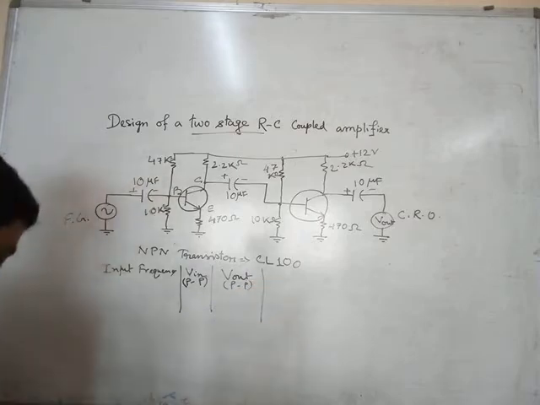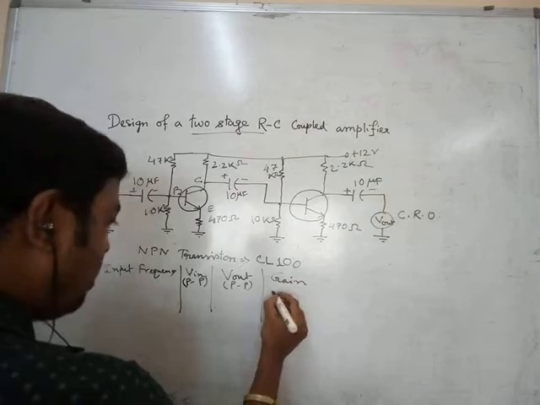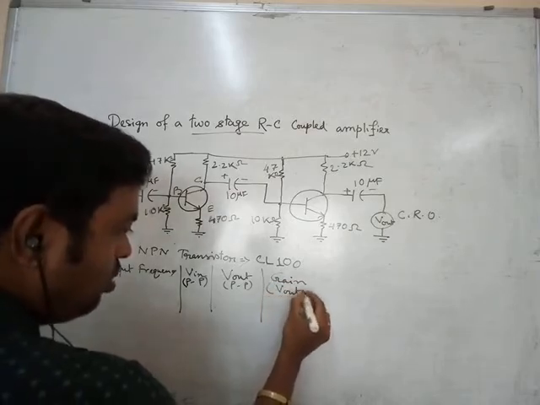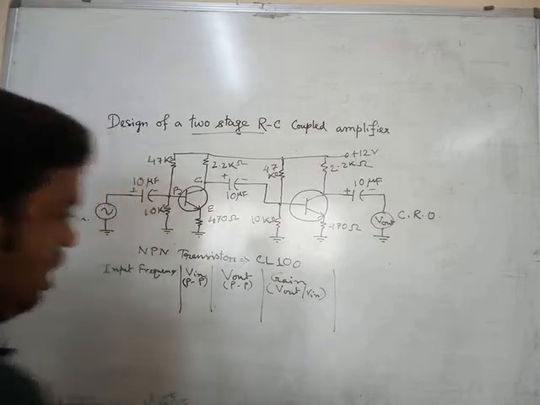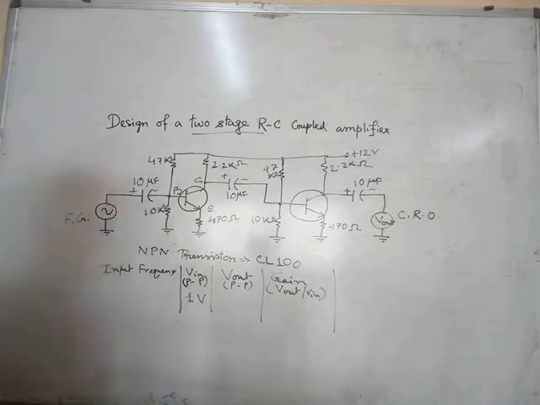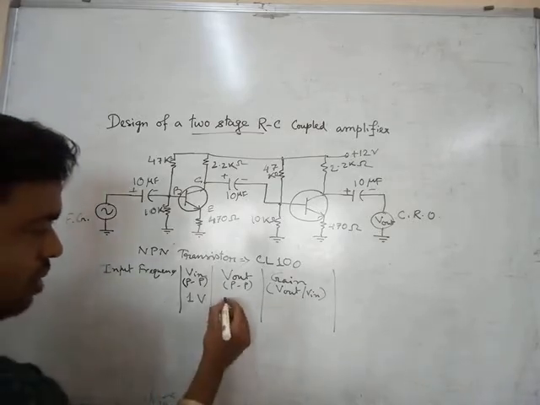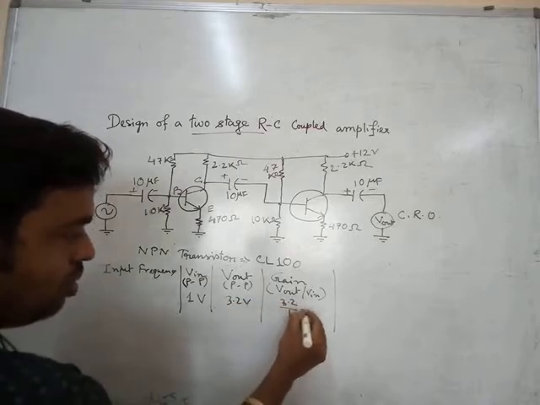Next, gain. Gain equals V out by V in. If we take the V in fixed at 1 V, then V out by V in will be the same value as V out. Suppose this is 3.2 volt, so this is 3.2 by 1.